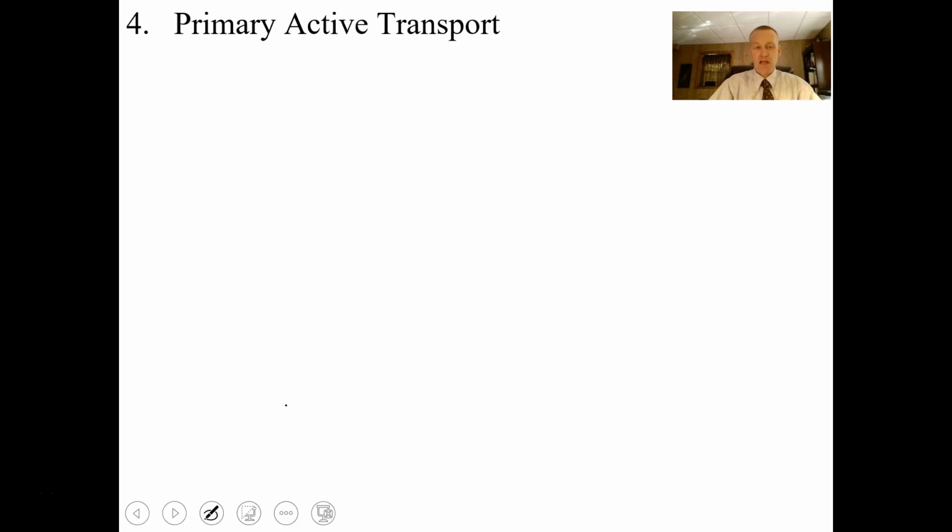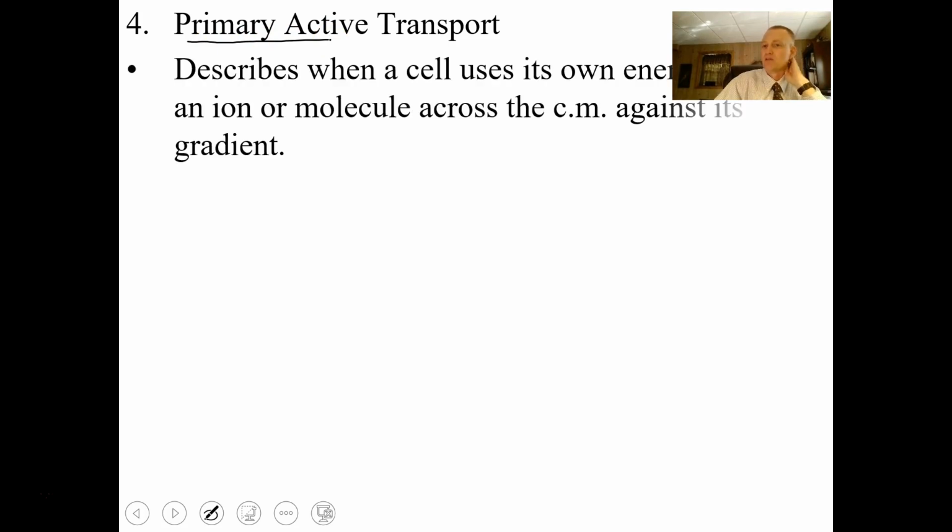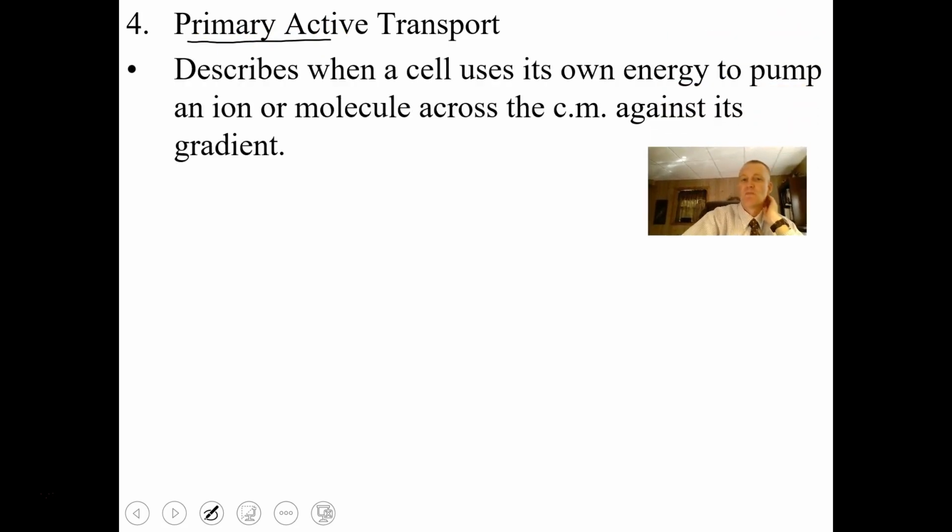Now, active transport is another kind of transport mechanism. This one we're going to call primary active transport. There is a secondary, but we'll talk about that when we get into the digestive system. Primary active transport describes when a cell uses its own energy to pump an ion or a molecule across the cell membrane against its gradient.